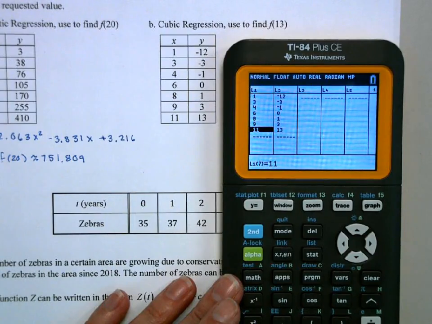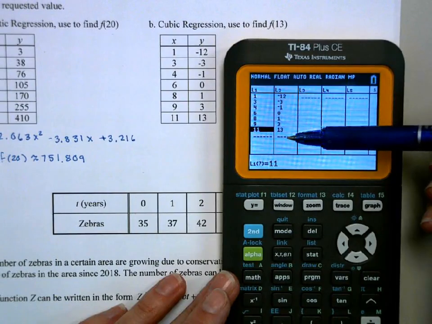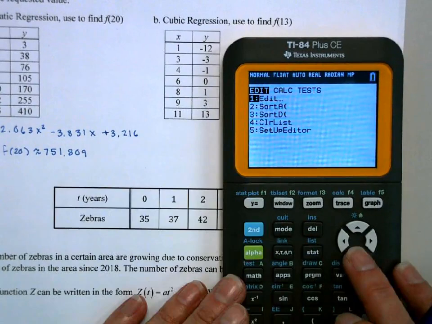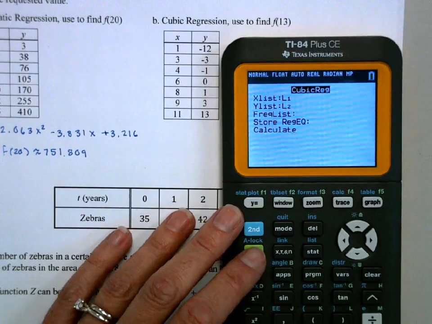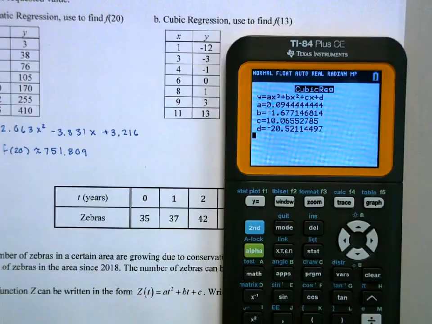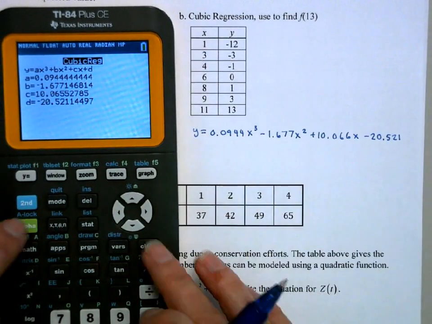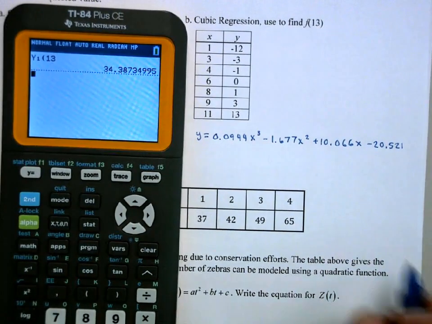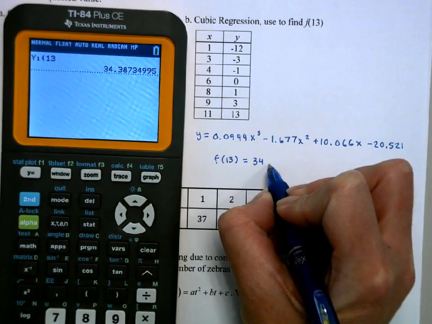So I accidentally had too many, so we're good. So good thing to know what those error codes mean. Now it's happy. So we copy that down, and then we want to evaluate this one for 13. So I'll do Y1, evaluate it at 13. So accurate to 3 decimals, we get 34.387.